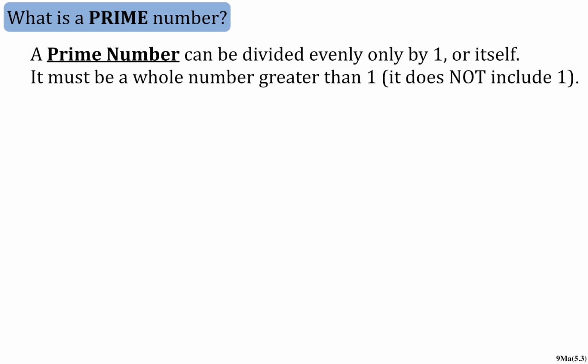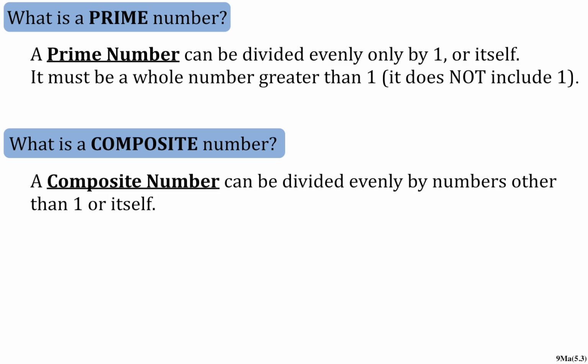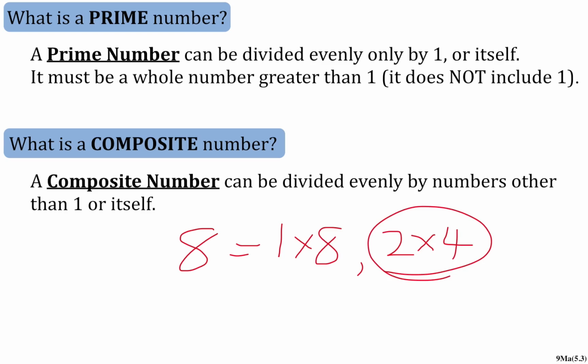So that's prime numbers. Composite numbers are all of the other numbers. Composite numbers have numbers other than 1 or the number itself that can be divided into them. For example, all even numbers except for the number 2 are composite because 2 divides into them. An example might be the number 8: 1 times 8 equals 8, but 2 times 4 also gives 8, so it's composite.